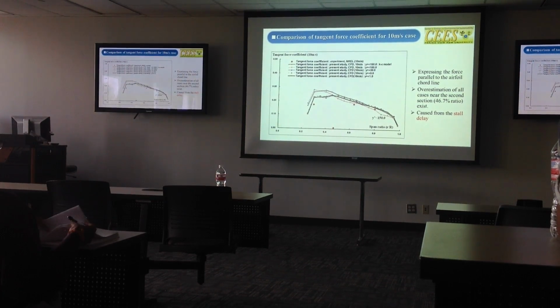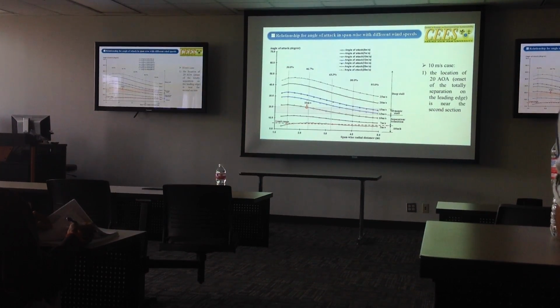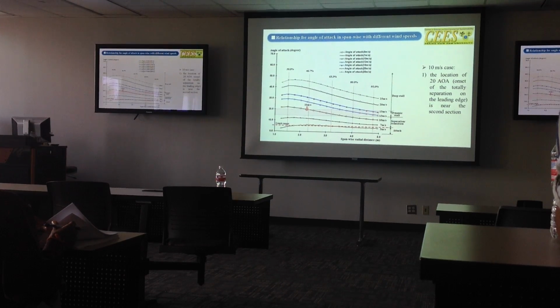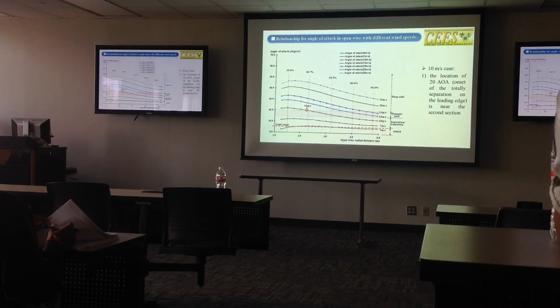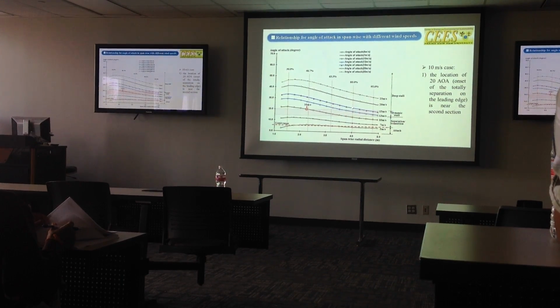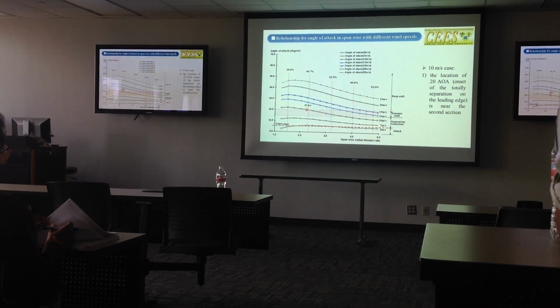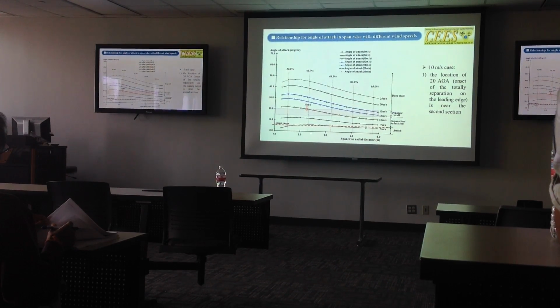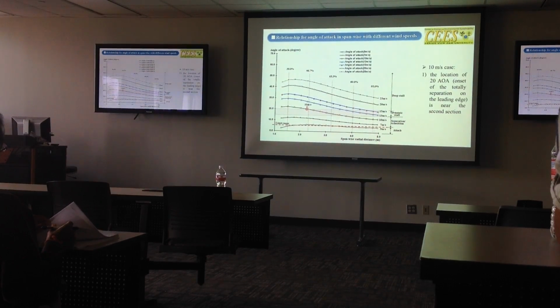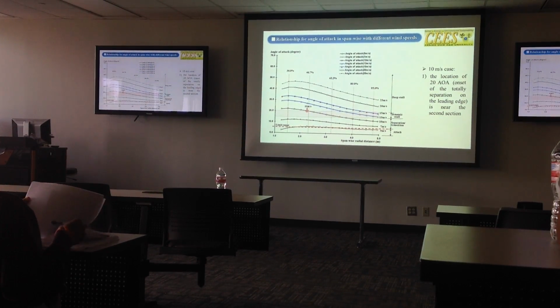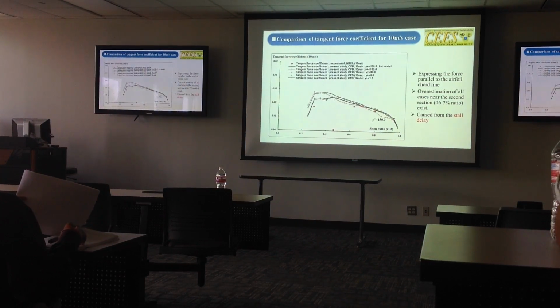They call it the slow delay. The reason can be explained in this way. For example, in the 10 meter per second case, the intersection for 20 angle over 10 is located in the second section, the 46th span ratio, where in this slide the error happened.